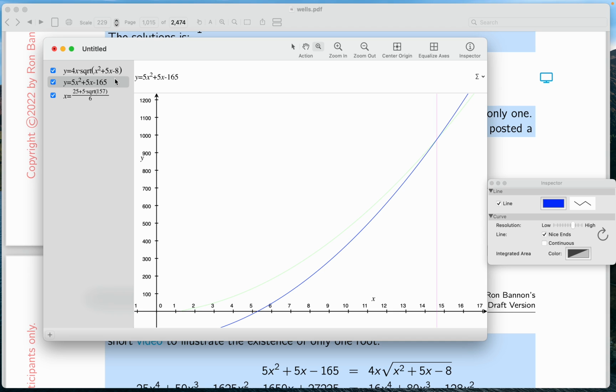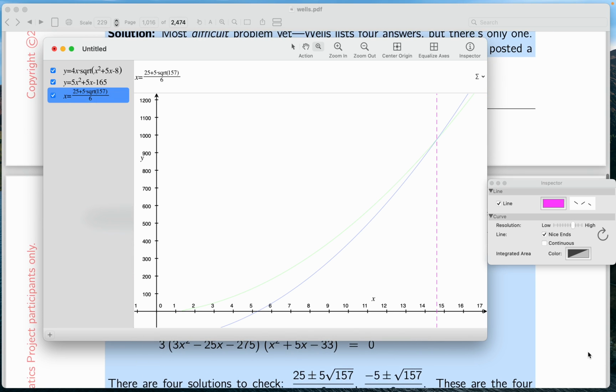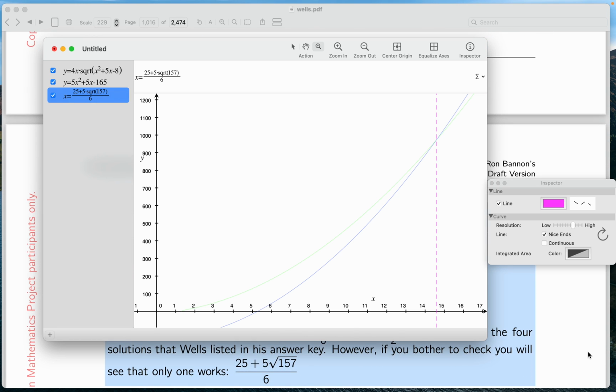Now I have another line drawn. Let me tell you what that line is. That's the line x equals the place I said they intersected, which was 25. Let me make sure it's in the notes for you. I said they intersect at 25 plus 5 root 157 over 6. So I just graphed x equals that, and I'm seeing it right over here.